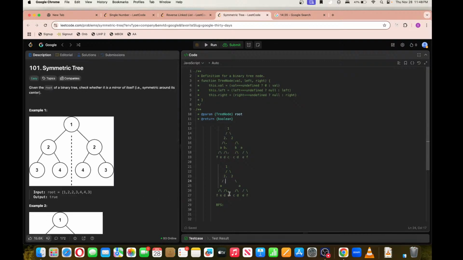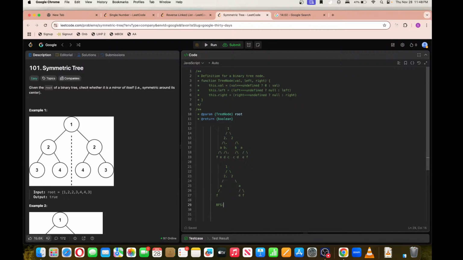So in this case, suppose if it was BFS until then, if it was symmetric until level 2, and this level is also symmetric.